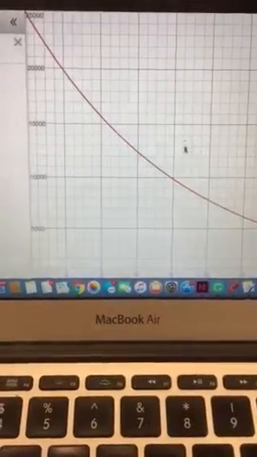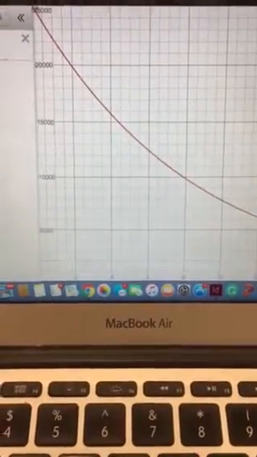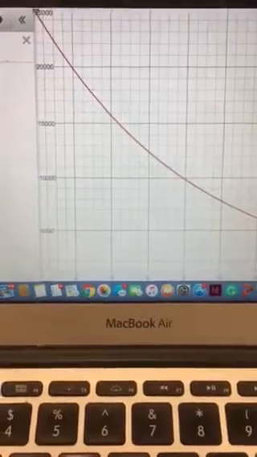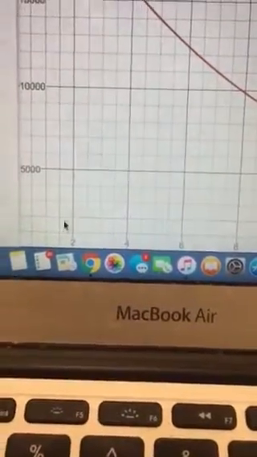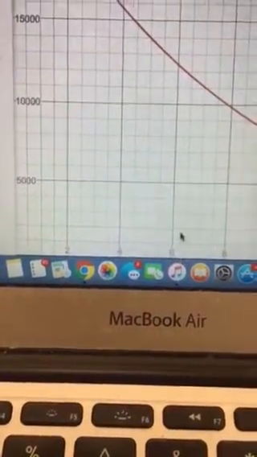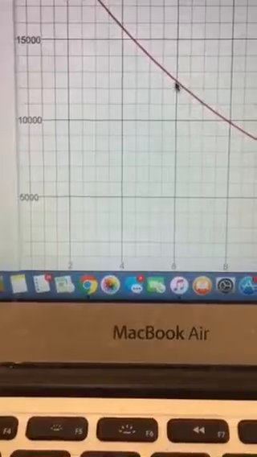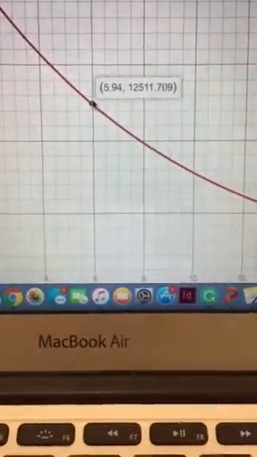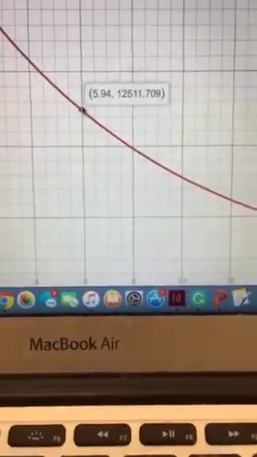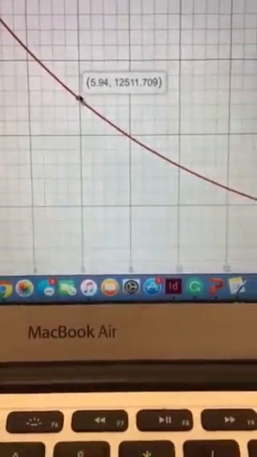All right. So notice how here, when I first bought it, it was $25,000. But I can see about how much it would be over time. Like if I look here, I can click on that point. At about 6 years, my car would have been worth about $12,511.